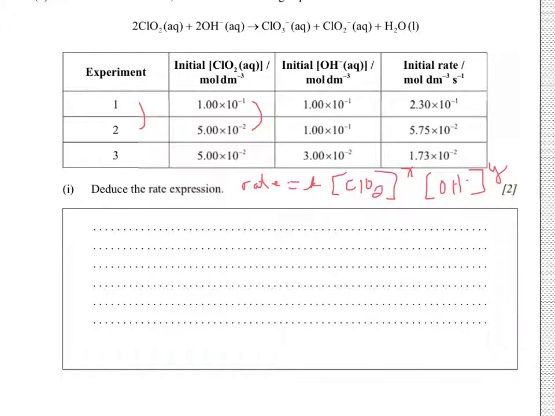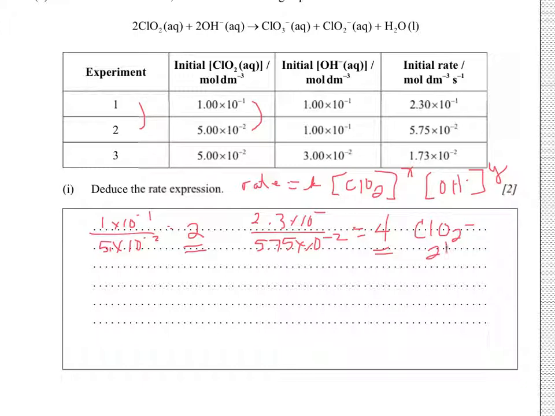Okay, so looking at it, if I take 1 times 10 to the negative first and divide it by 5 times 10 to the negative 2, I get 2. And if I take that rate, 2.3 times 10 to the negative first divided by 5.75 times 10 to the negative second, I get 4. So when I double my concentration, I quadrupled my rate. So that means that ClO2, it is second order.